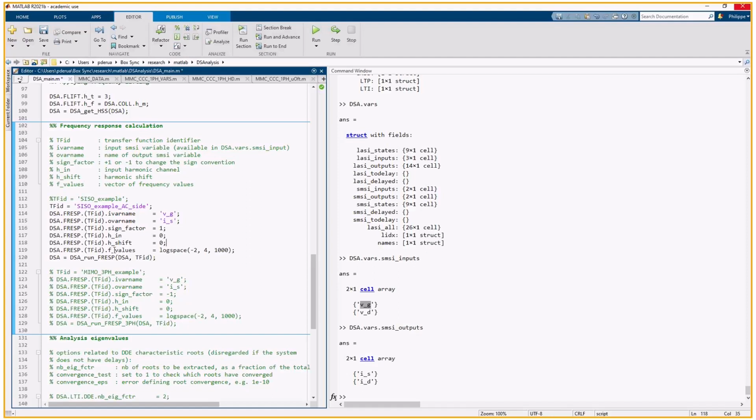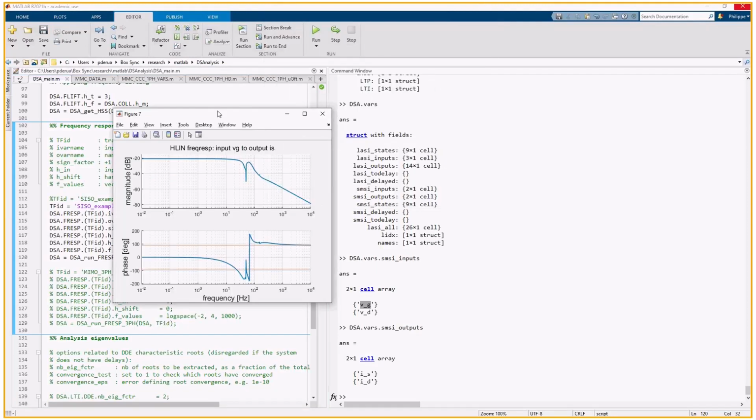Also, you have to provide frequency values. This is a vector of frequencies at which the frequency response will be calculated. This is the job done by this FRESP function. I do Control-Enter to run this block of code, and I directly have the result.